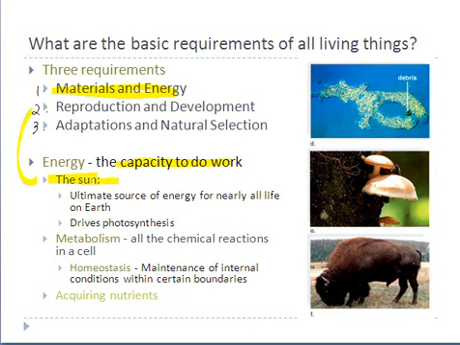Through the process of photosynthesis, the solar energy is converted to the chemical energy of organic nutrient molecules, and in particular we'll spend a whole chapter discussing that later. This is the molecule of glucose.